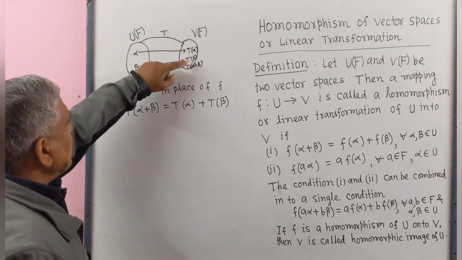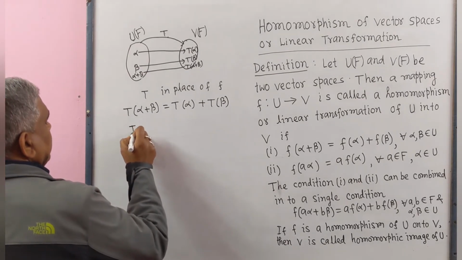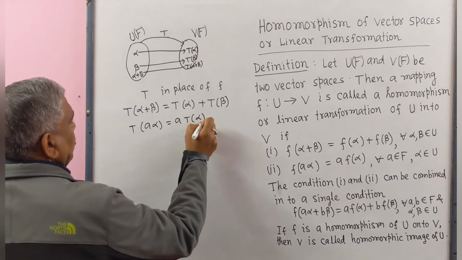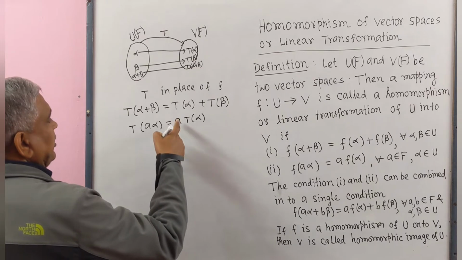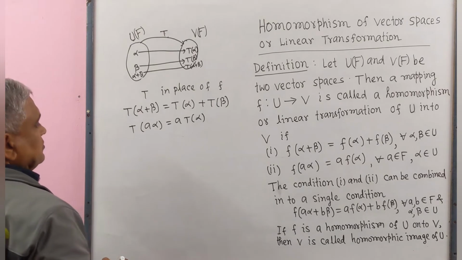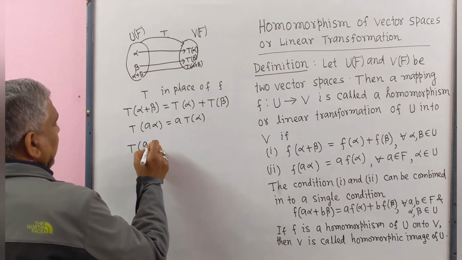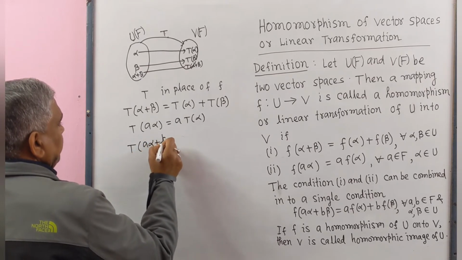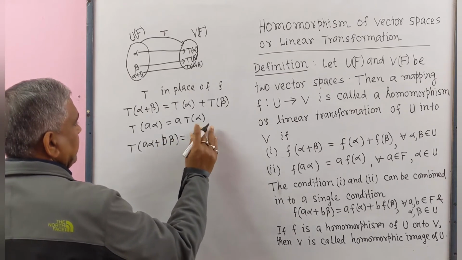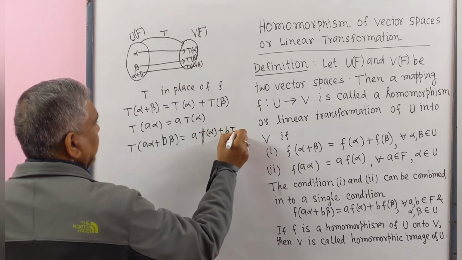This T(alpha) plus T(beta) is T(alpha plus beta), and T(A alpha) equals A T(alpha) for all A belonging to field F and alpha belonging to U. The condition T(A alpha plus B beta) equals A T(alpha) plus B T(beta).